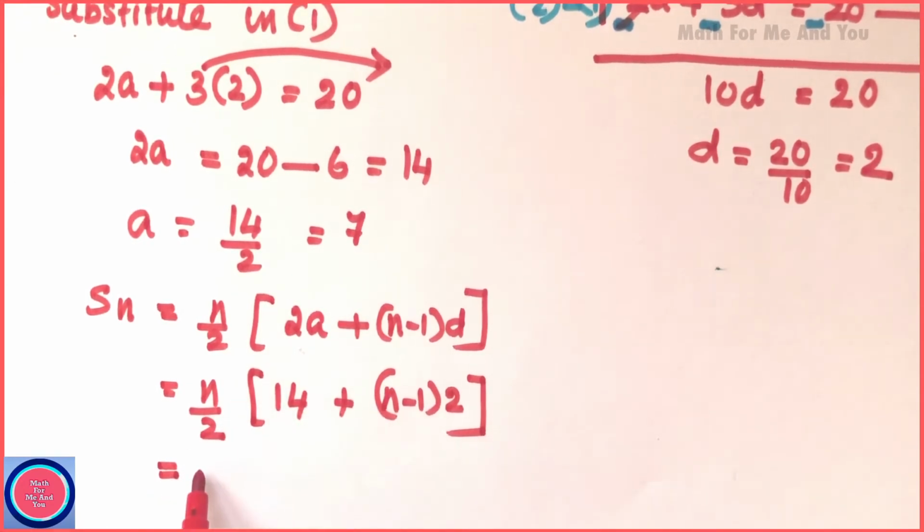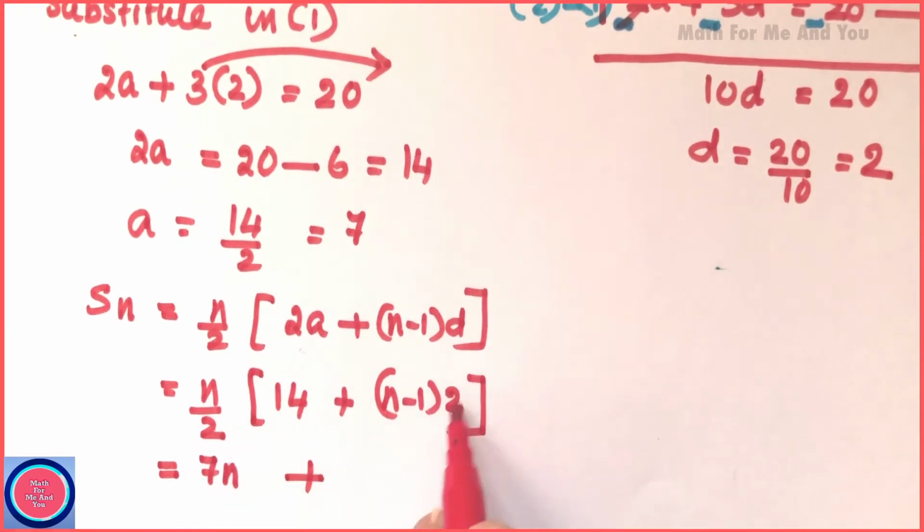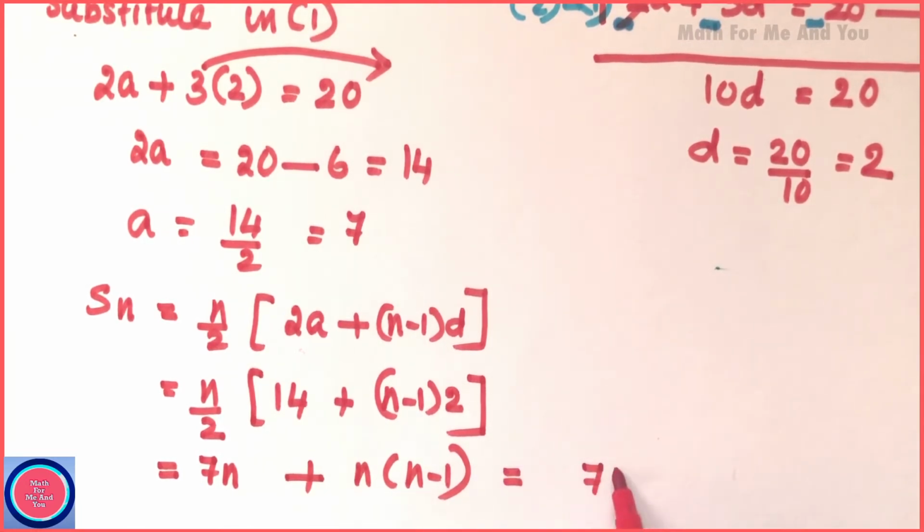That means we can cancel 14 with 2. It is 7n. Plus n times n minus 1 times 2 over 2. 2 and 2 cancel. Only we get n times n minus 1. Remove the bracket and simplify. 7n plus n square, n times n is n square, minus n.